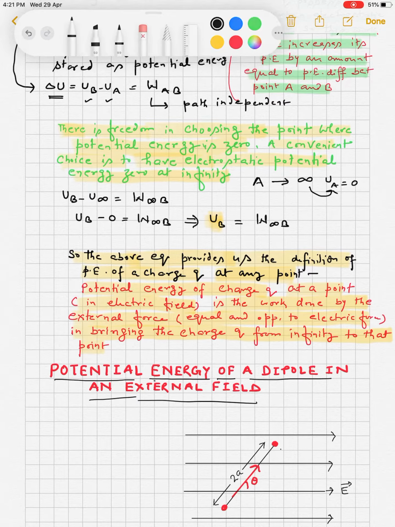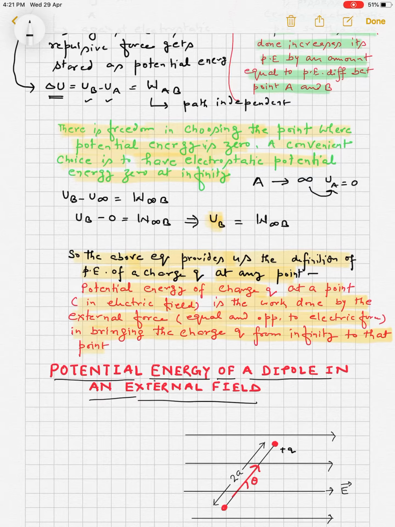One charge is plus q, so on this charge there will be a force in this direction, F1 is equal to qE, while there is another charge minus q, so the force on this charge will be F2. So F2 is equal to minus qE.